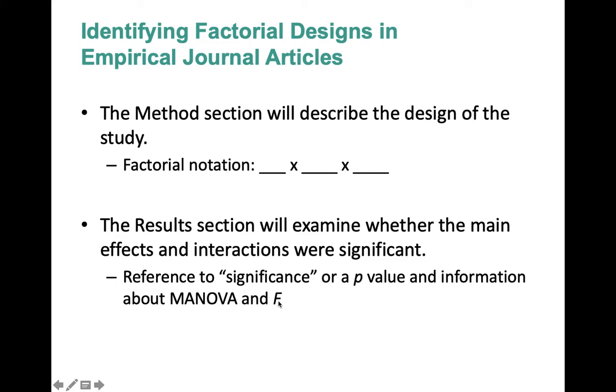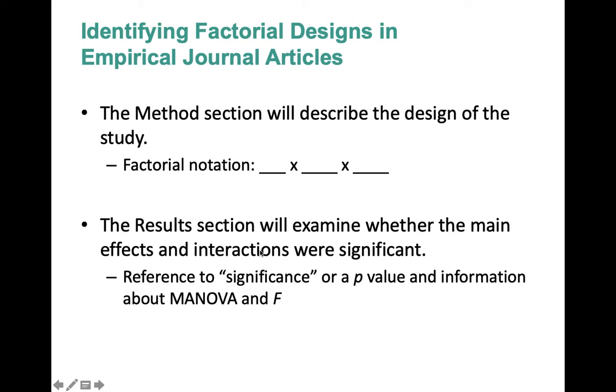And then, of course, just our F statistic or our F ratio. Main effects and interactions in factorial designs are tested with different types of analysis of variance, but the statistic that is reported is the F. So when you're reading the results of a factorial study, you're looking for whether the F ratio is statistically significant, and that will indicate whether there is a significant main effect or interaction.